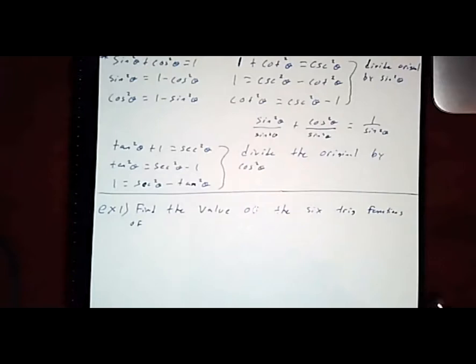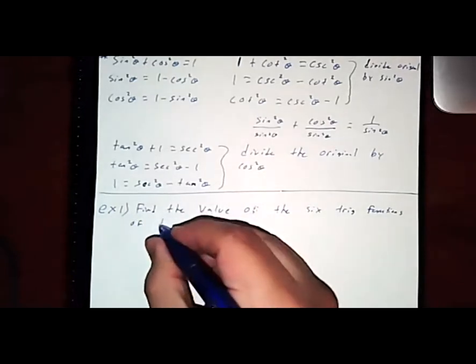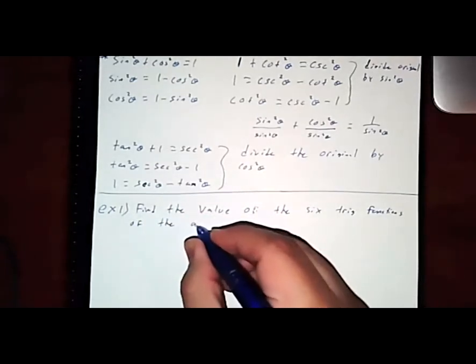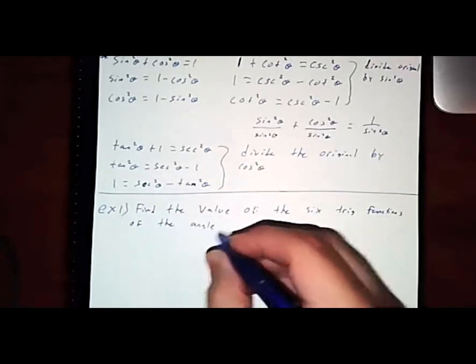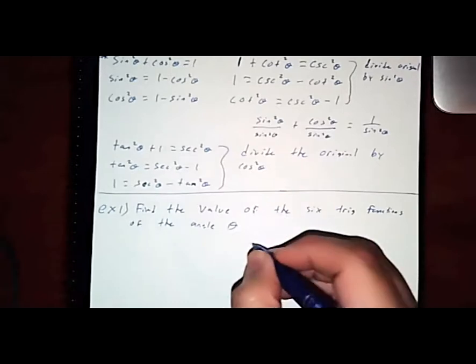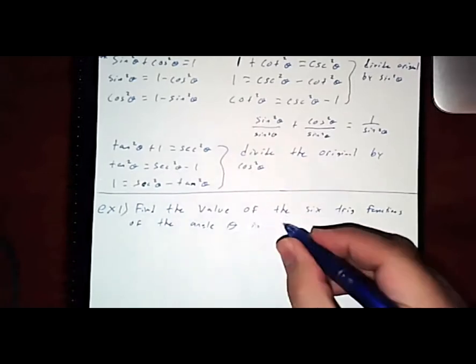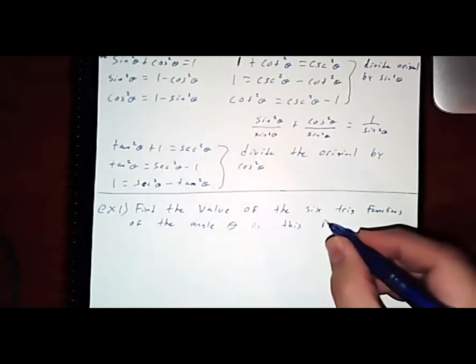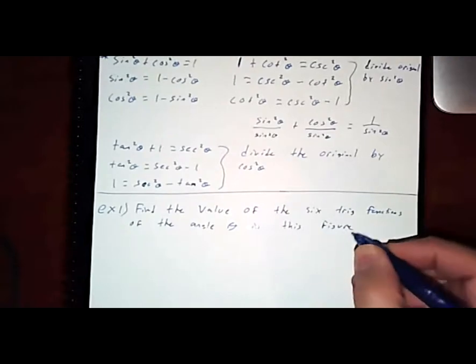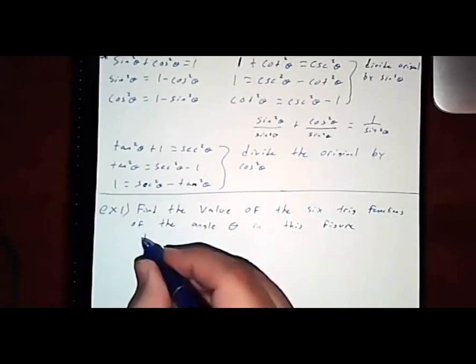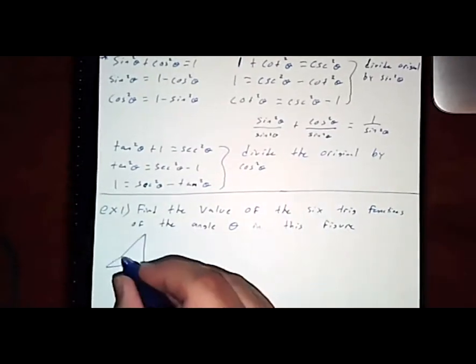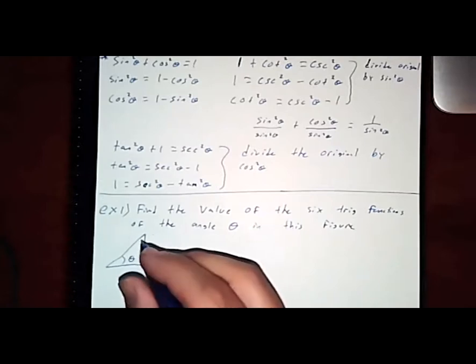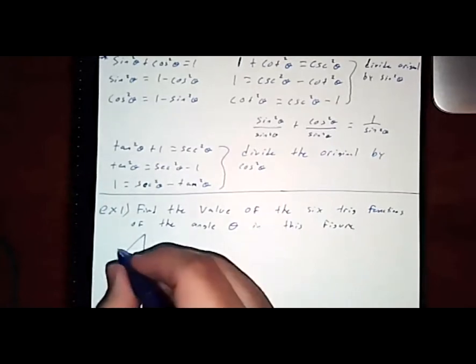So 6 trig functions of the angle theta in this figure. So this is similar to your homework. It starts off something like this. And they say, all right, well, here's the measurements. Write all the 6 trig functions using this triangle.